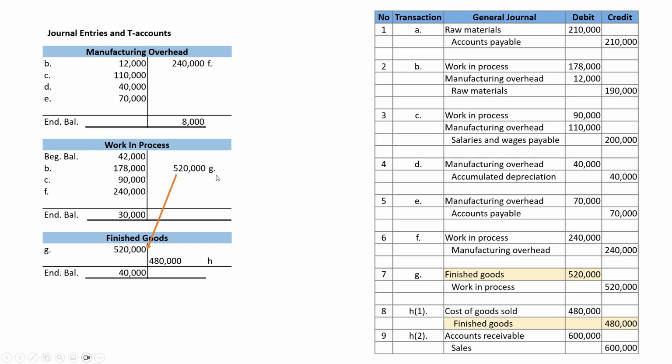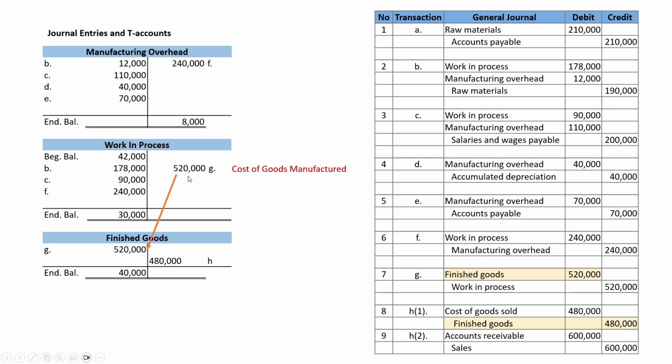G is when we finally say, hey, we finished some product. In fact, we finished $520,000 worth of our work in process incomplete goods and added those into finished goods. That has a special name you'll eventually see in a future video, and that's called cost of goods manufactured.